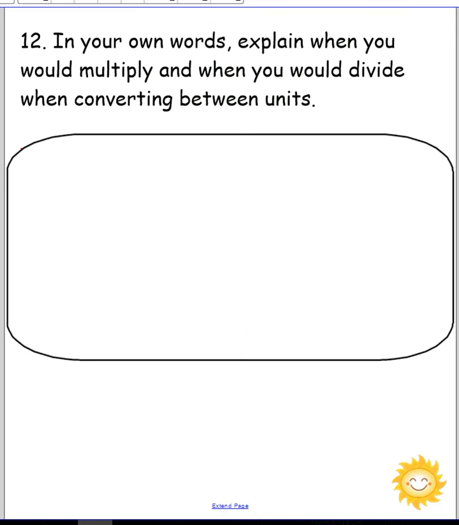And the last question, in your own words, explain when you would multiply and when you would divide when converting between units. So again, pause, give yourself some time to think and write, and then when you're ready, continue.